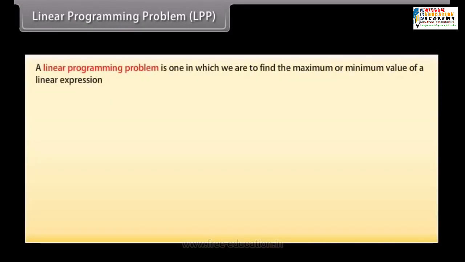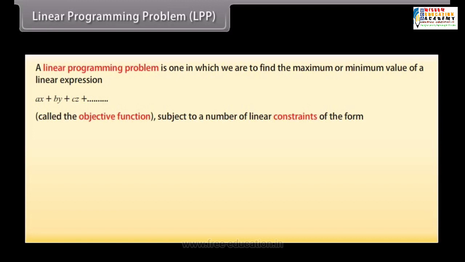Linear programming problem, LPP. A linear programming problem is one in which we are to find the maximum or minimum value of a linear expression, ax + by + cz + and so on, called the objective function, subject to a number of linear constraints of the form ax + by + cz + and so on less than or equal to n, or ax + by + cz + and so on greater than or equal to n.